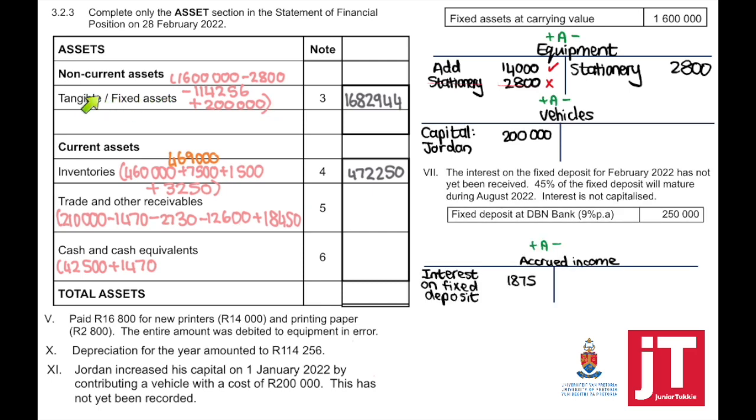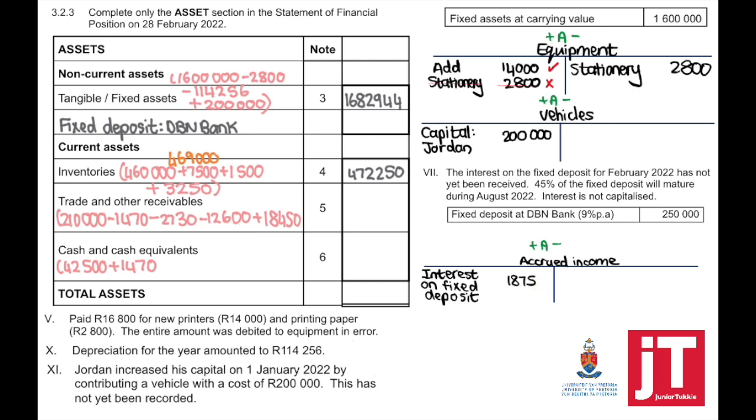Your non-current assets consist out of tangible or fixed assets and your fixed deposit. So this must be our next entry, fixed deposit. Make sure you show the name of the bank. It's 250,000. Now, interest is not capitalized, which means it's not added to the fixed deposit. 1 month was still outstanding.